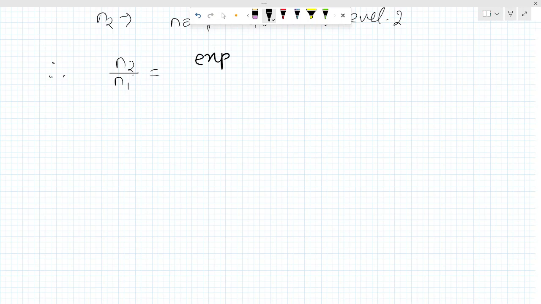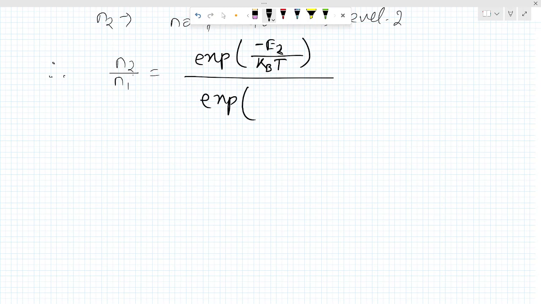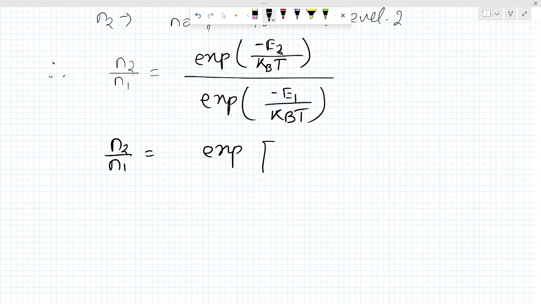We can say exponential of minus E2 upon kBT, where kB is the Boltzmann constant and T is the temperature, divided by exponential of minus E1 upon kBT. Is it clear to you? So what will it become? N2 upon N1 will be equal to exponential of minus (E2 minus E1) upon kBT, isn't it?